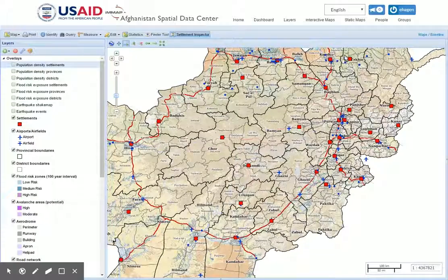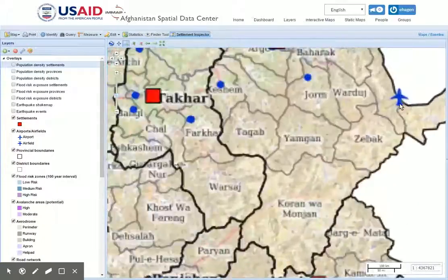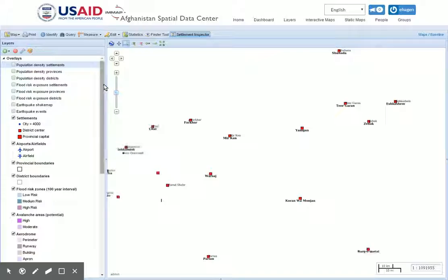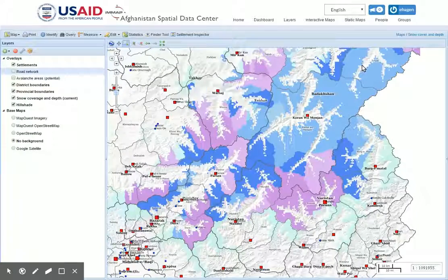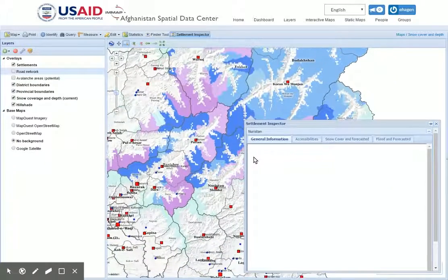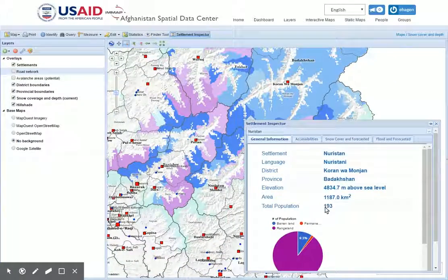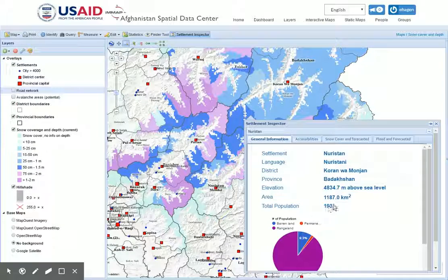Let's try this for another village. Let's zoom in. And perhaps we can load the snow cover. I'm currently in the snow cover map, and I will use the settlement inspector tool. I'll click here. And in this village, there's 193 people living there.